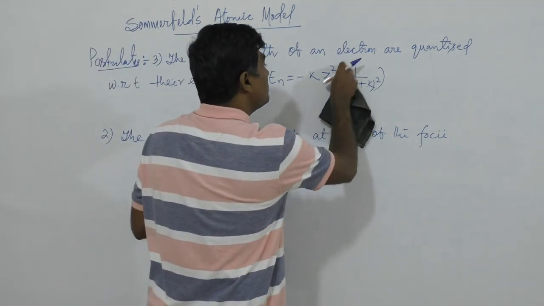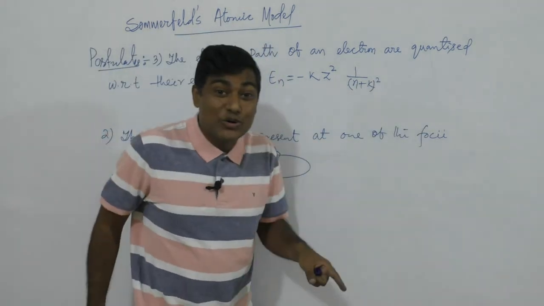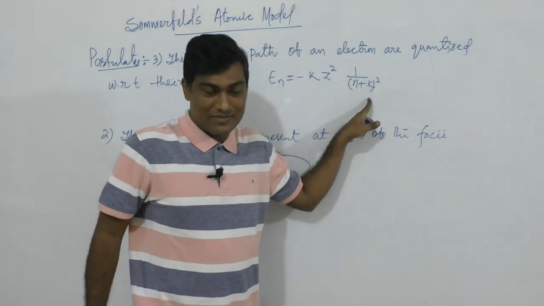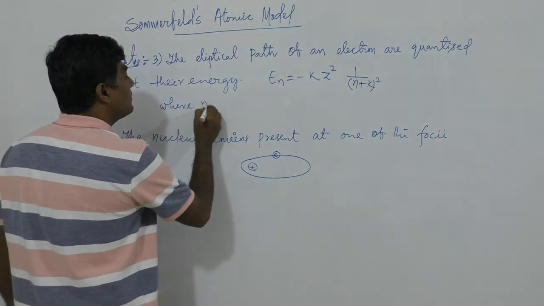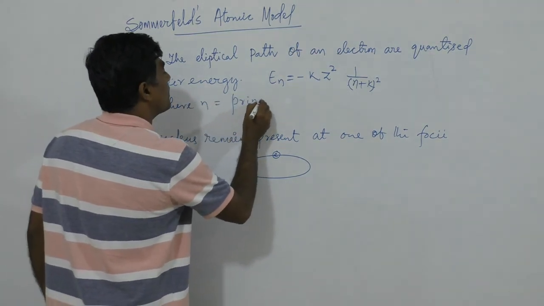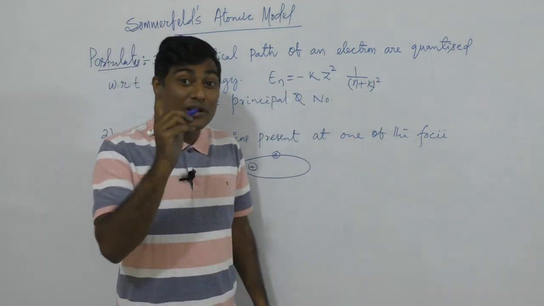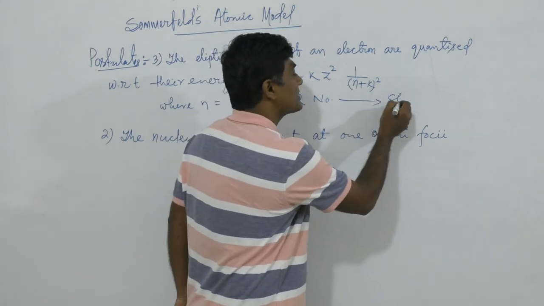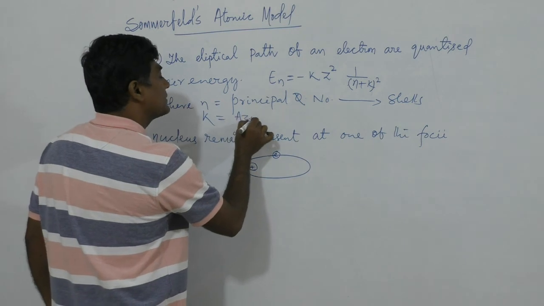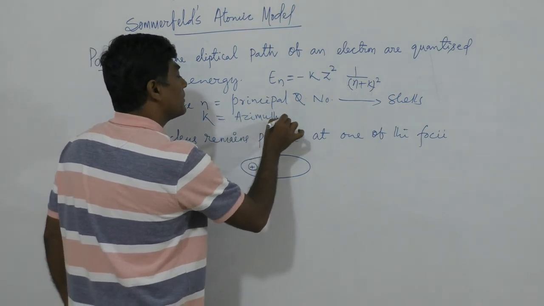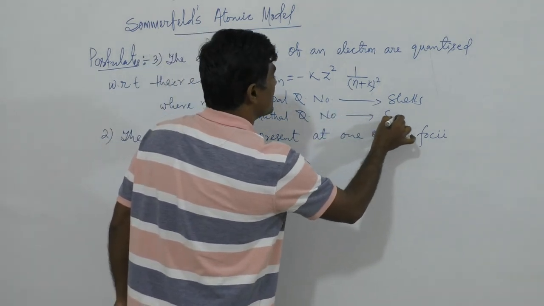So you are now being introduced to two quantum numbers, one is n and one is k. Where n is the principal quantum number, and as we know, the principal quantum number gives an idea about shells, and the second quantum number k is the azimuthal quantum number that gives us an idea about subshells.